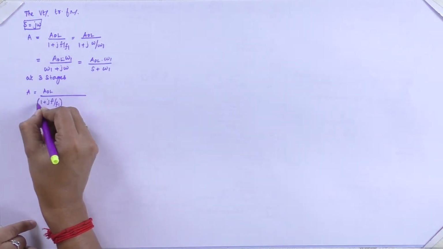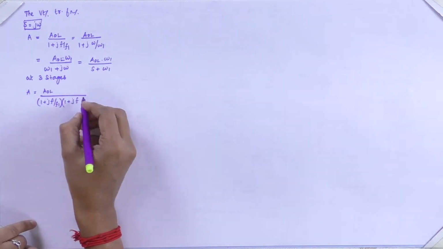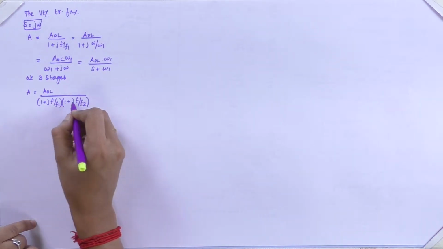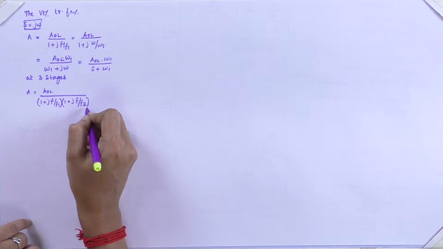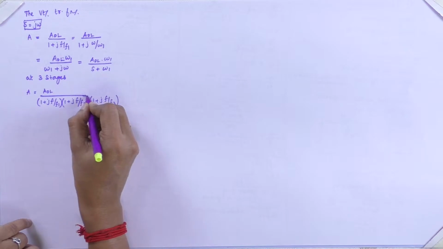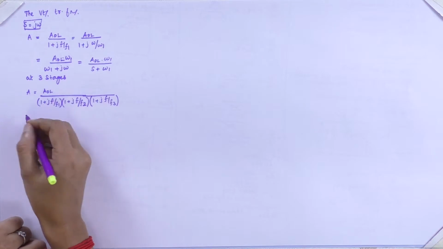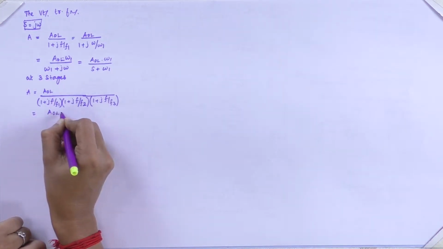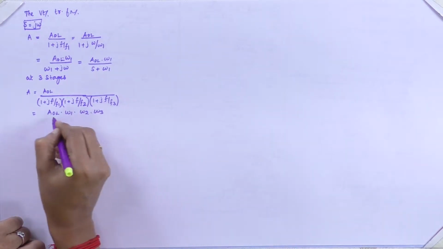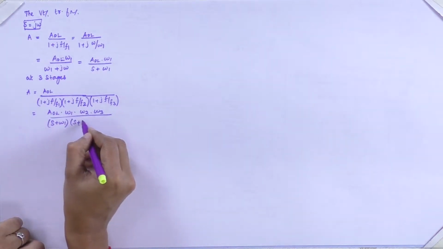This is one frequency parameter, and when we use more capacitors, we have another corner frequency factor 1 plus j f by f2 and another factor with f3. So these are the 3 stages of the capacitor. Again we replace that, and I am writing directly AOL into omega 1, omega 2, omega 3 divided by s plus omega 1, and so on. Everything I have mentioned is in the S domain.